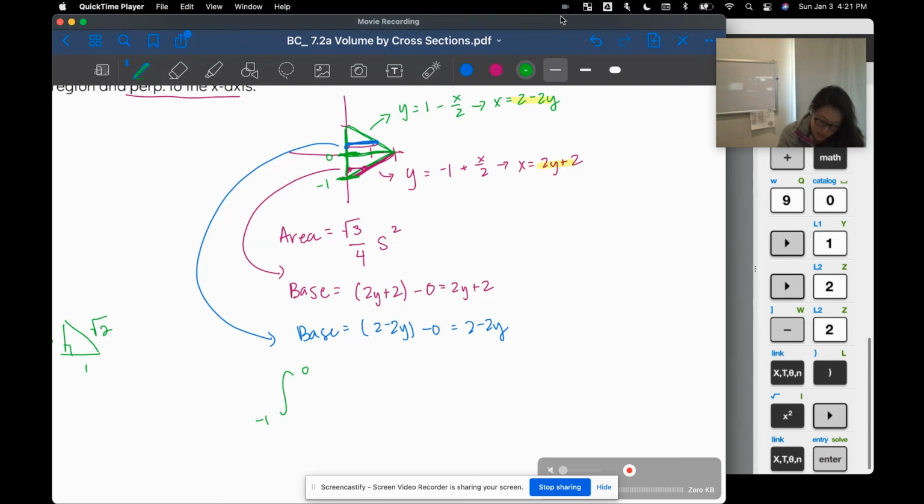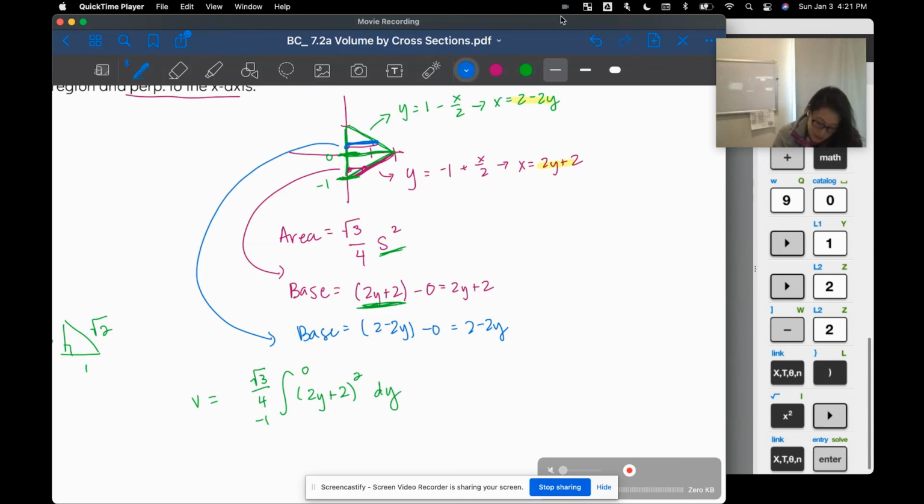And then I need to take the integral of the area of the triangle. So I'm going to take root 3 over 4 times the integral from -1 to 0 of the base, which is (2y plus 2) squared, because it's s squared, dy.